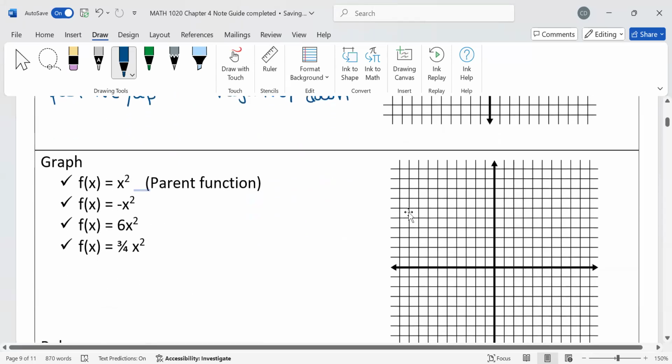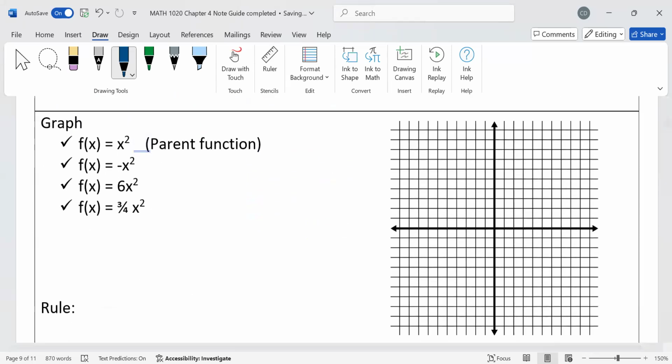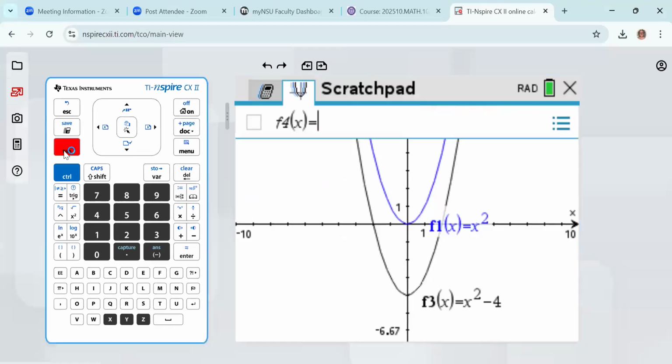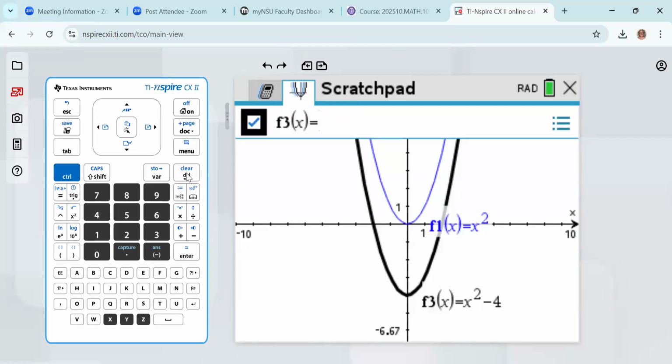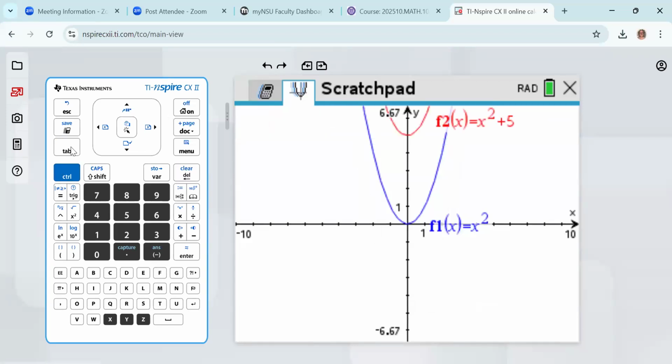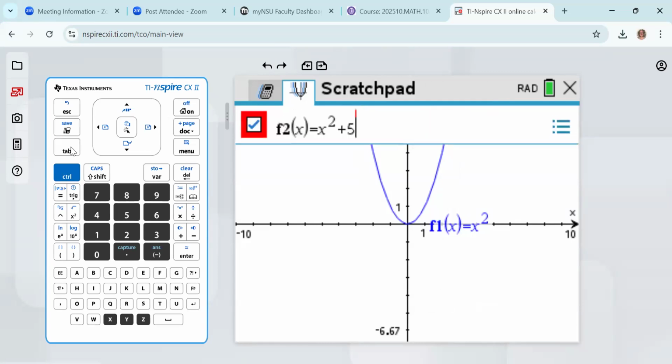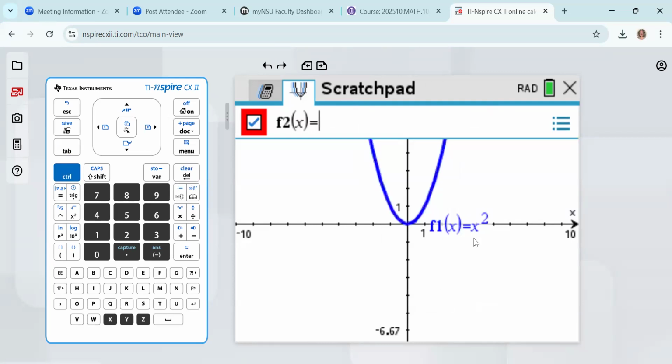Let's look at some more transformations. I still want to keep the parent function, the x squared. So tab, arrow up, control delete, hit enter, tab, arrow up, control delete. I still have the x squared in there.